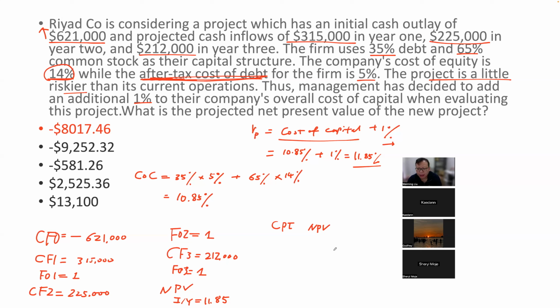Okay, so my guess would be that one of the signs was entered wrong. How about the 621,000? That one should be negative, so probably you entered it as positive.